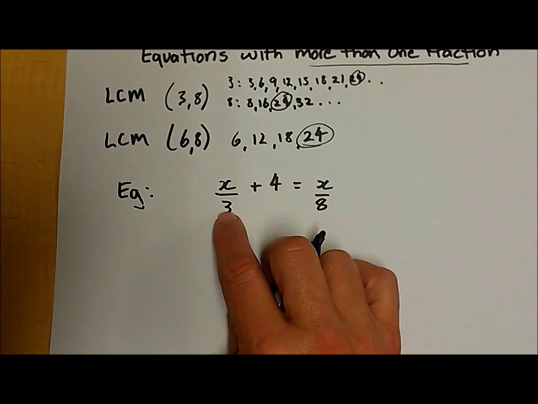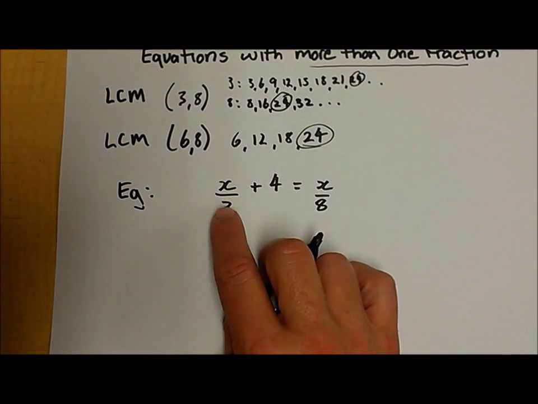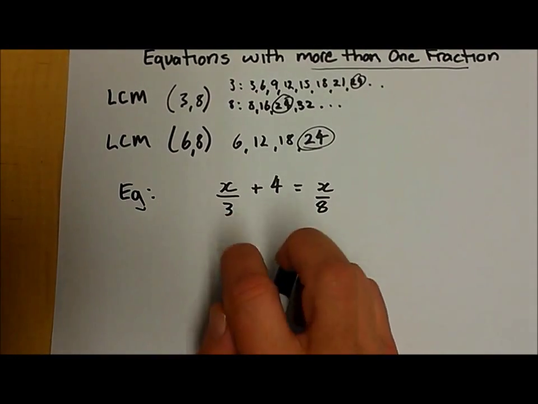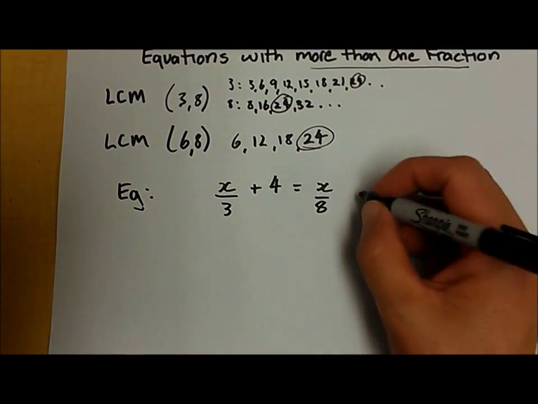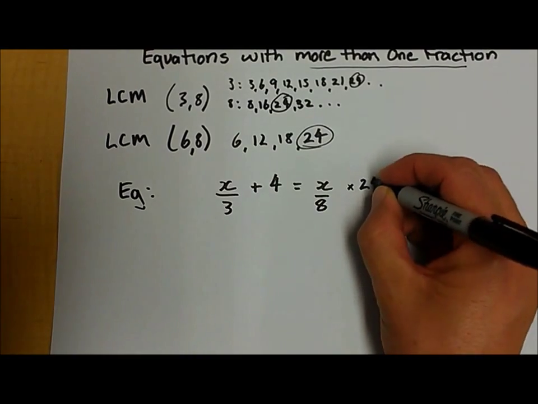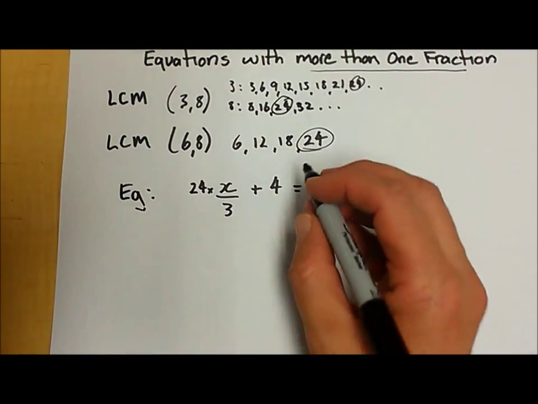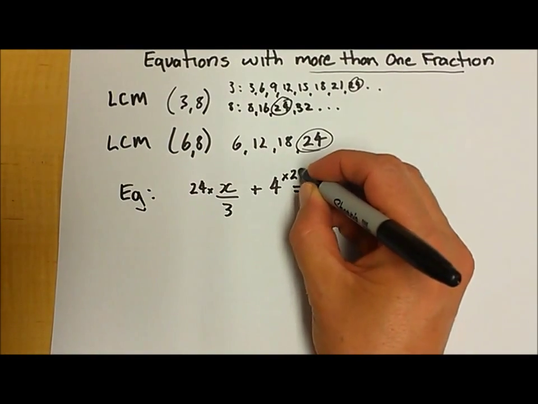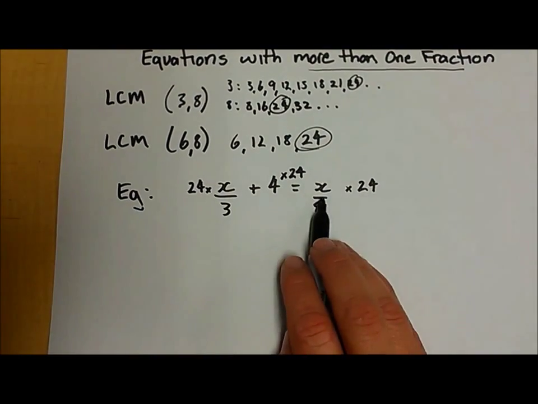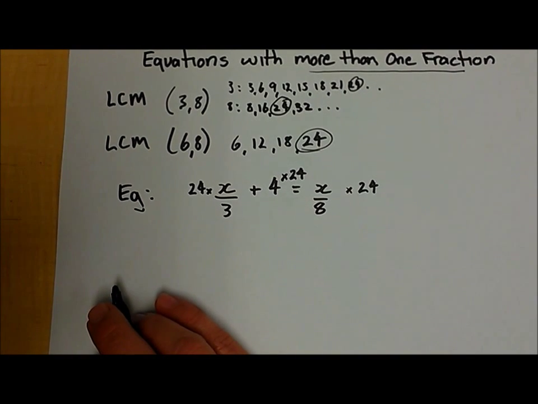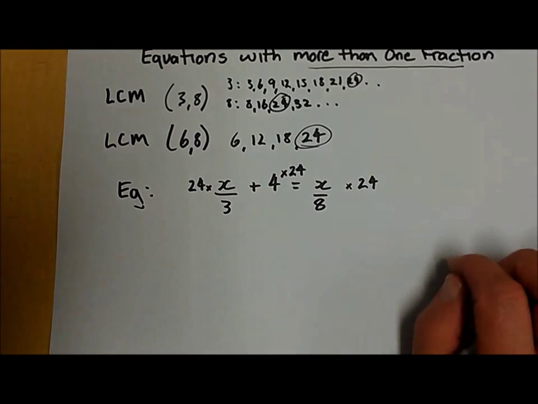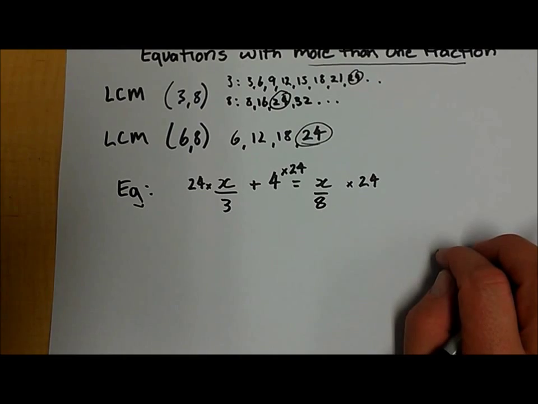To do that, I have to multiply each term by the lowest common multiple of 3 and 8, 24. So I'm going to multiply every single term here by 24: 24 times this, 24 times this, and 24 times this. 1, 2, 3 terms, 3 lots of multiplication by 24. I'm maintaining the balance in my equation that way.